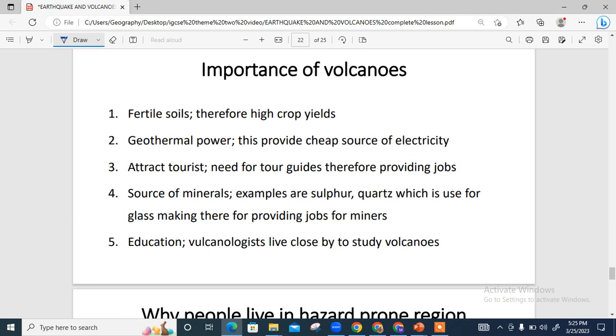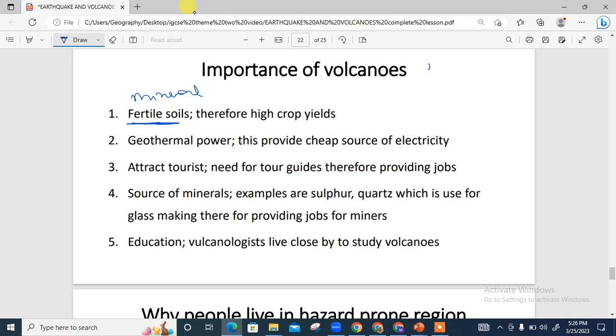However, despite we look at impact, there are certain benefits you can get from an earthquake. So, what are the importance of earthquakes? One is that it makes the soil fertile, so it comes with a lot of minerals and nutrients because of the rocks.